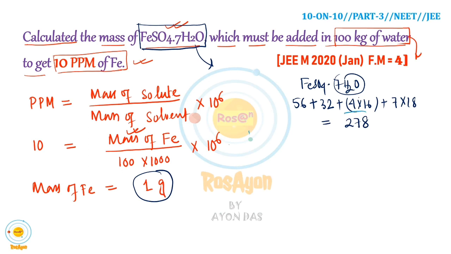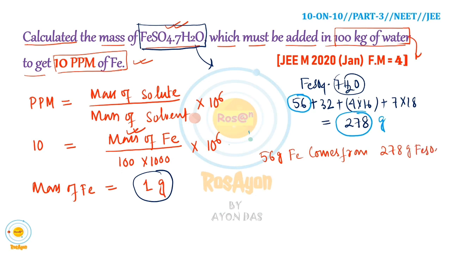That means 278 gram ferrous sulfate supplies 56 gram iron, or we can write 56 gram Fe comes from 278 gram ferrous sulfate, FeSO4.7H2O.